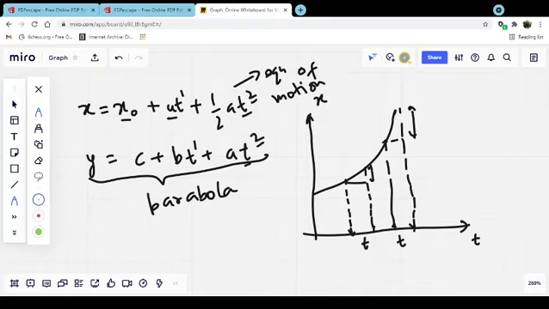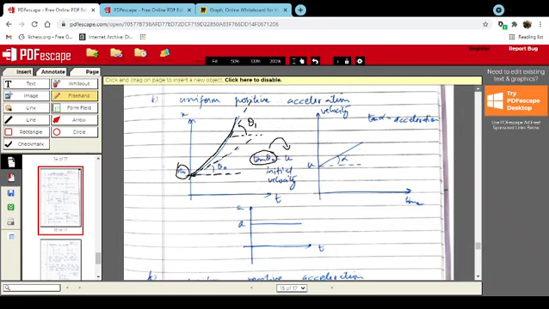So this was our comparison with the equation of a parabola. As the motion proceeds further, we would say that the slope of the graph is increasing, which we have already seen in the previous figure.